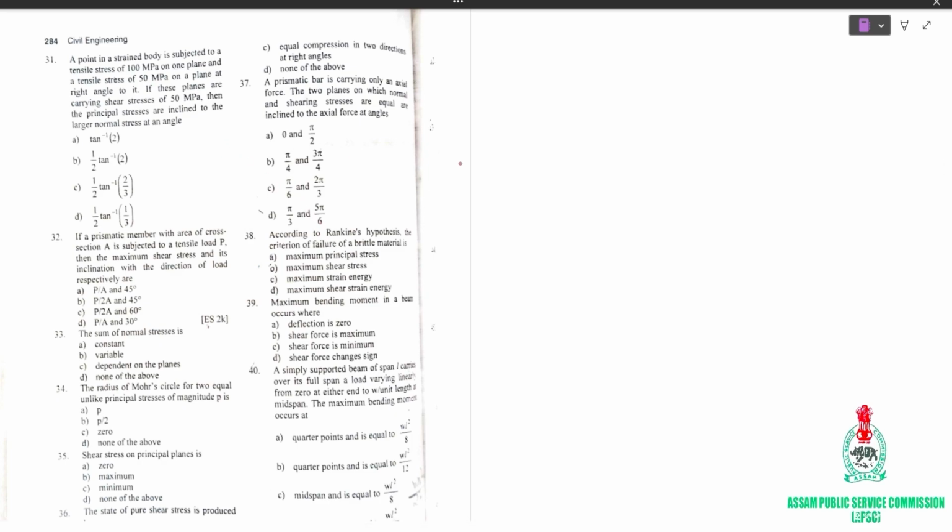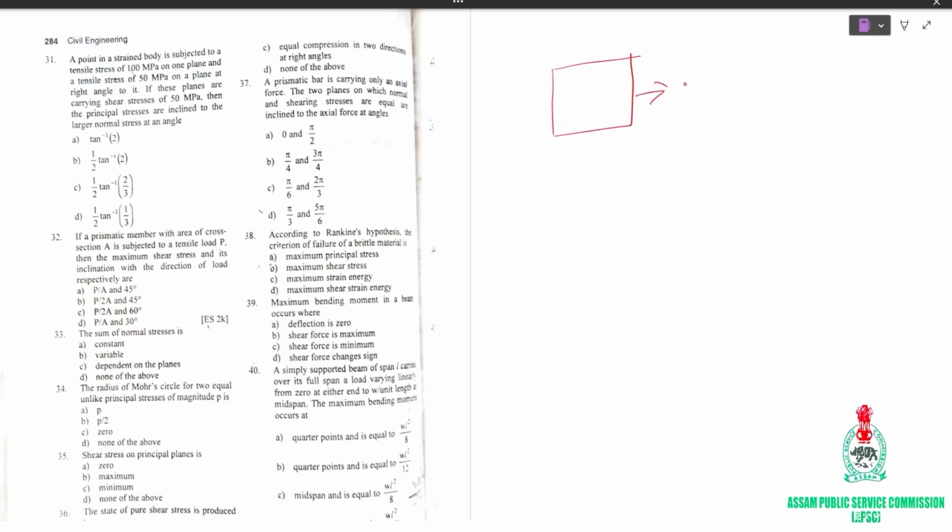Now the next question is, a point in a strained body is subjected to a tensile stress of 100 MPa on one plane and a tensile stress of 50 MPa on a plane at right angle to it. If these planes are carrying a shear stress of 50 MPa, then the principal stresses are inclined to the larger normal stress at an angle. Okay, let me draw it now.